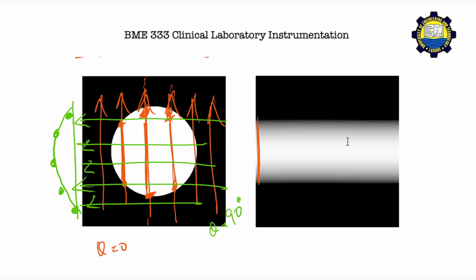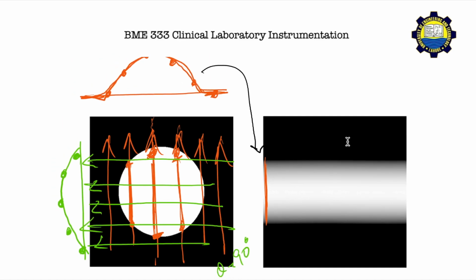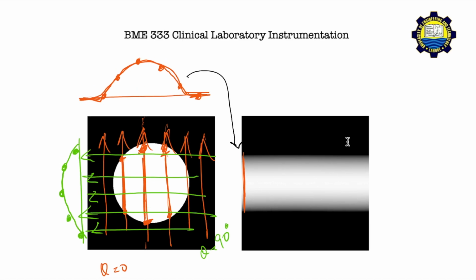So if I were to stack my projection for one angle right here, and if I were to stack my projection for another angle right here, for the green one, and I could do it for all of them, what I get as a result is a sinogram, and that is called a sinogram.